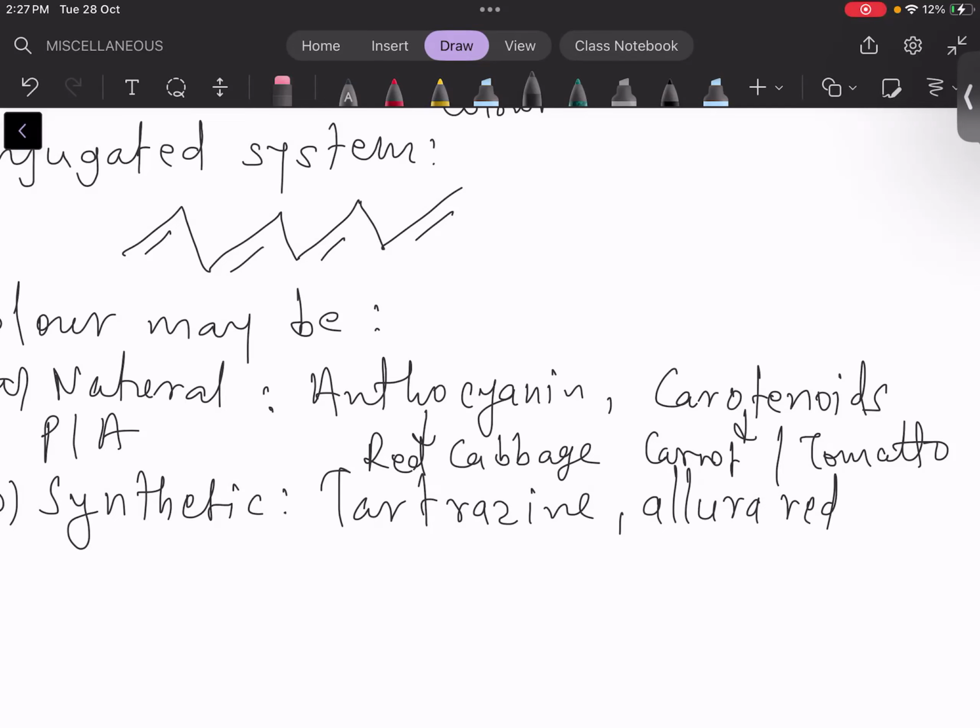Then next part is essence. What is the chemistry behind essence?